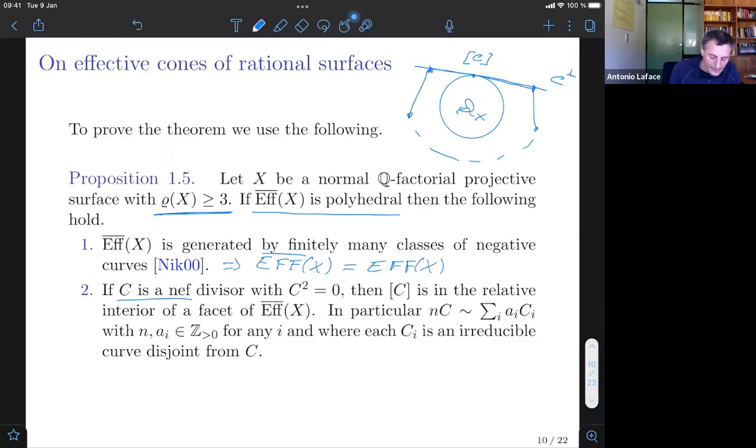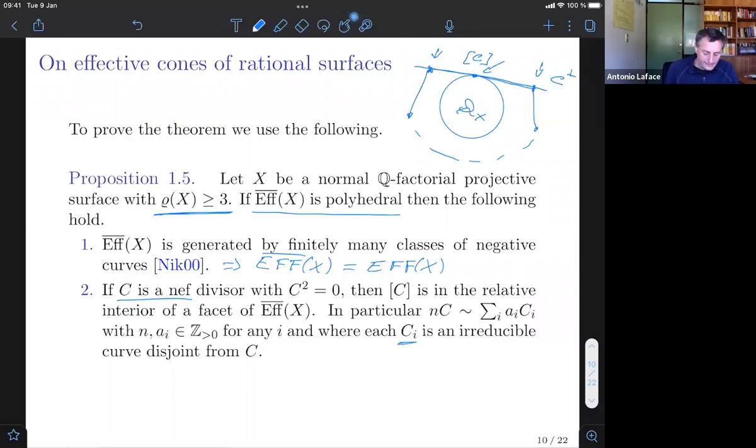And again, since the pseudo-effective cone has to contain Q of X, this class has to be in the middle of this facet. If we analyze the situation, this facet will be generated by some extremal rays. These are classes of negative curves, which I'm denoting by C_i.